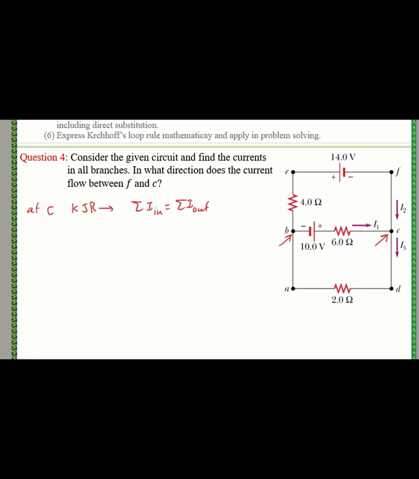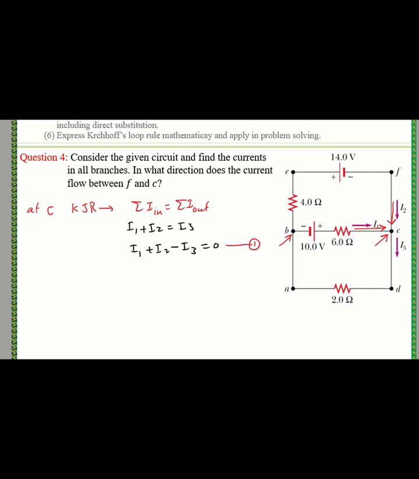The current I1 is going into C and I2 is going into C, but I3 is out. So we put here I1 plus I2 equals I3, which leaves us with I1 plus I2 minus I3 equals 0. This is our first equation.